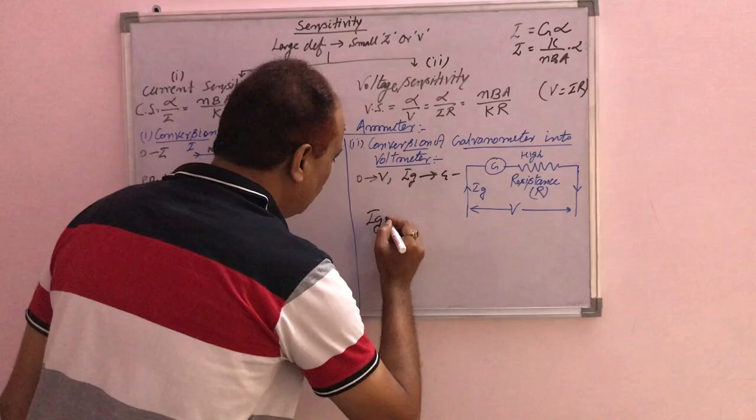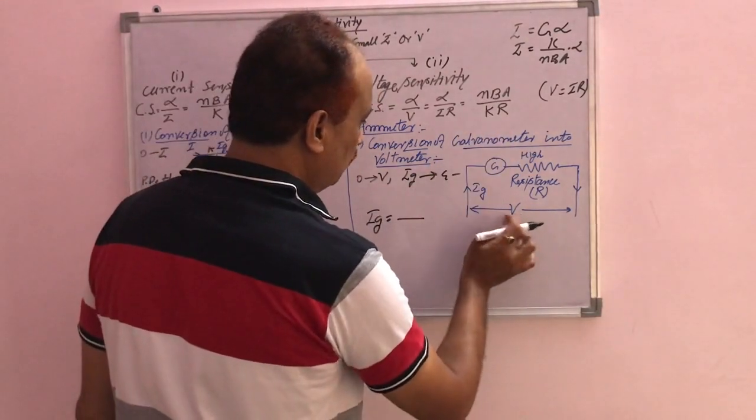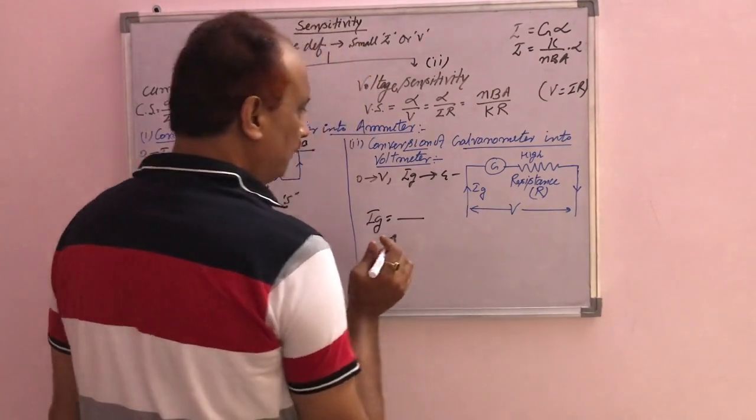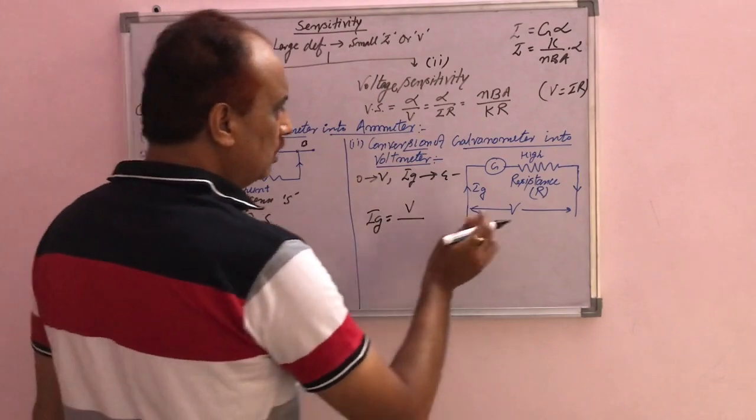So Ig will be equal to V upon the total resistance.